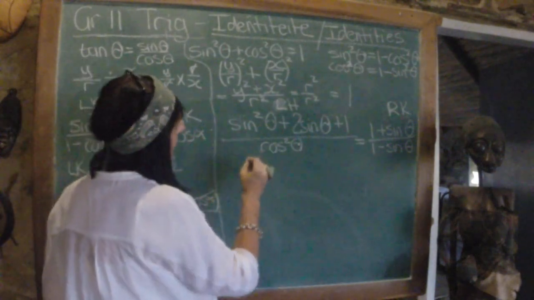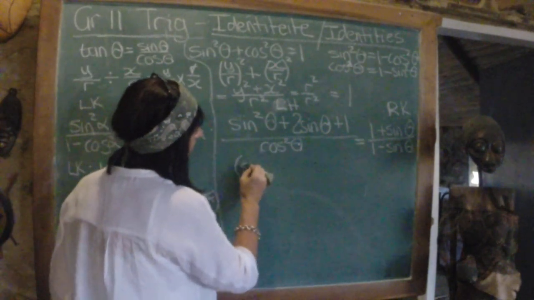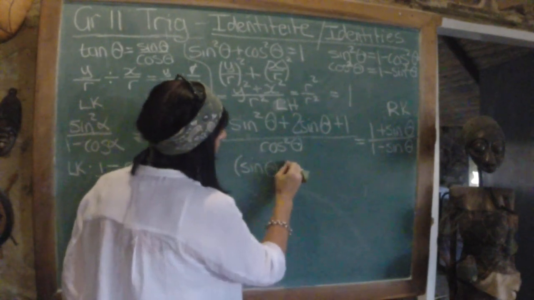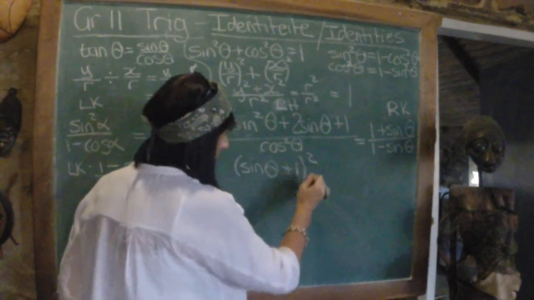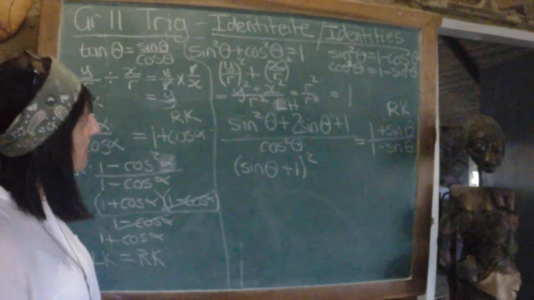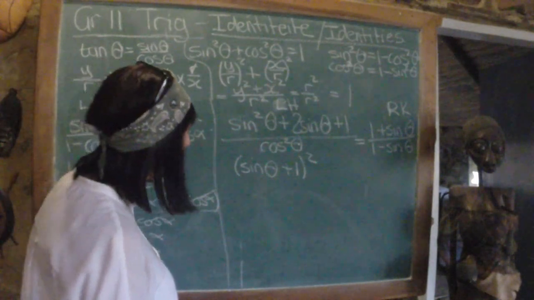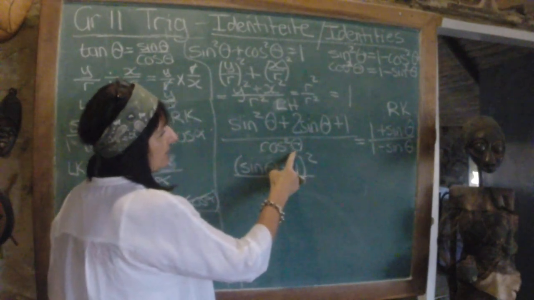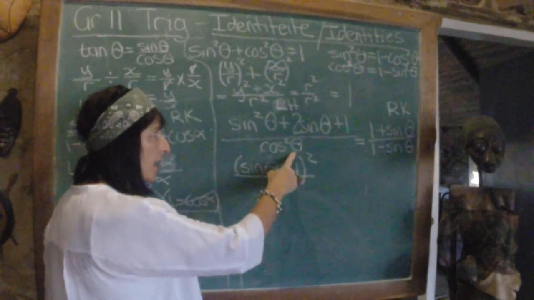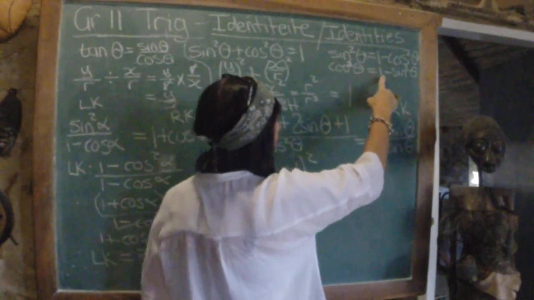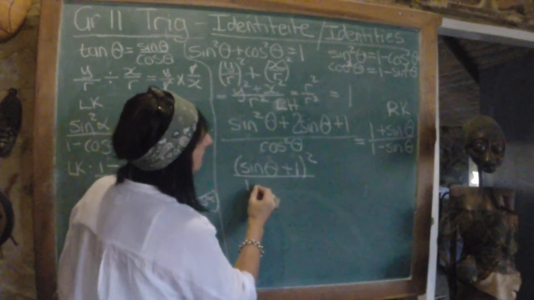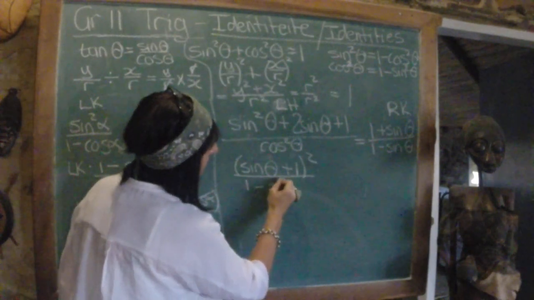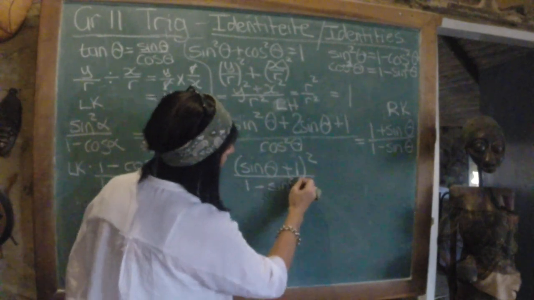So if I factorize this 3-term, then I get sin theta plus 1 squared. If you factorize that, sin theta plus 1 squared, and there I've got cos squared theta. So let's replace cos squared theta with its identity 1 minus sin squared theta.